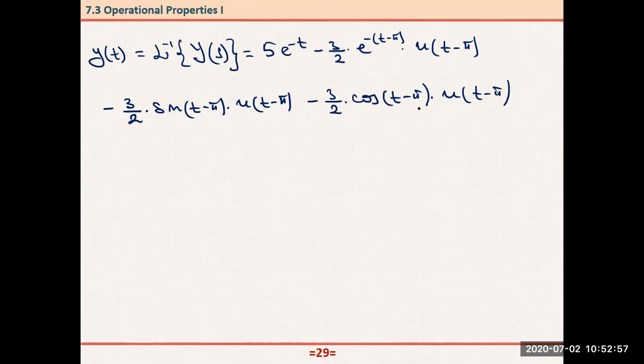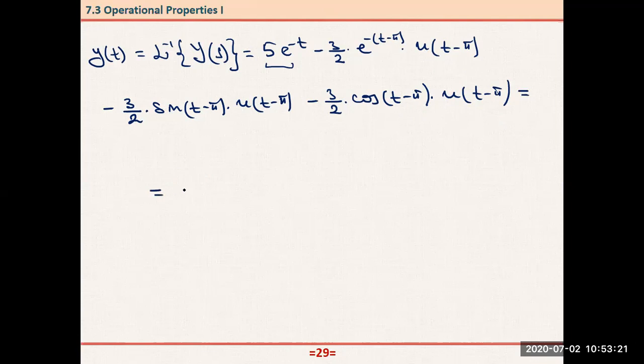All right, so as you see here, except this term, we have the unit step function in each of them. And we know that the unit step function is equal to 0 if this input value, this t, is less than pi, right? So again, I can just write this as a piecewise defined function. And what is it?